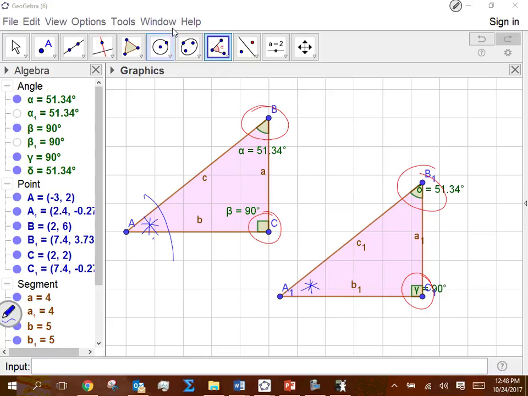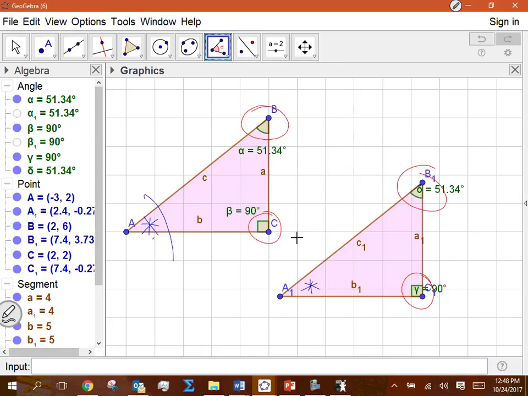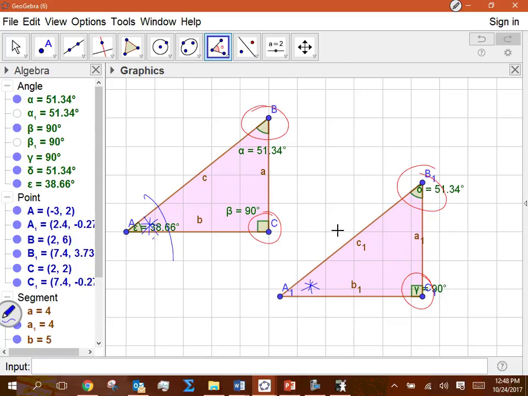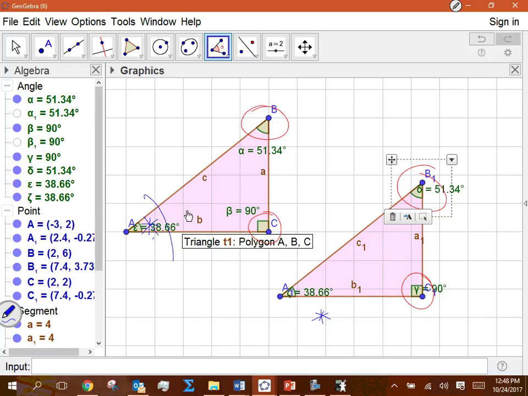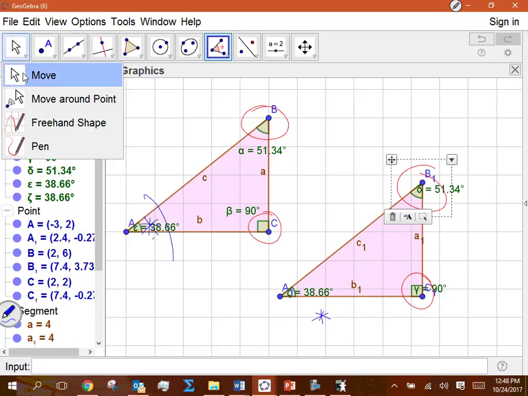So if I do it once, I get a measurement here. Do it again, I get the measurement here. The relationship you would see between those two angles is that they're the same. That one is 38.66, and that one ends up being 38.66 as well. Okay? And that is maintained no matter what we do.